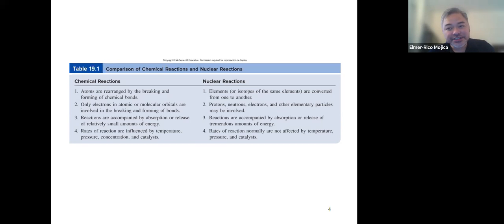That's the reason why they use it as a source of energy. And that's the reason why they use it as a weapon of mass destruction. Okay. Now, if the chemical reactions are affected by temperature, pressure, concentration, and catalyst, those stuff don't affect nuclear reaction. Okay.